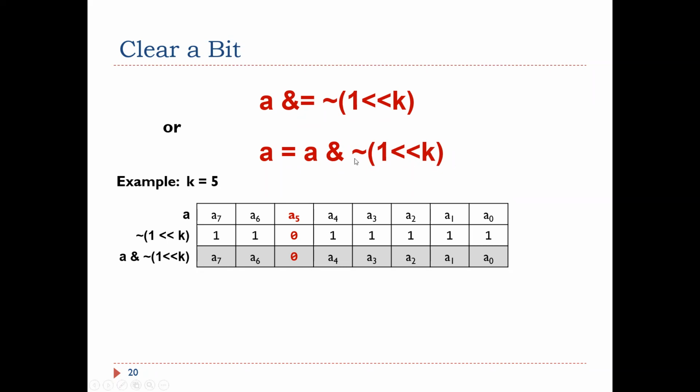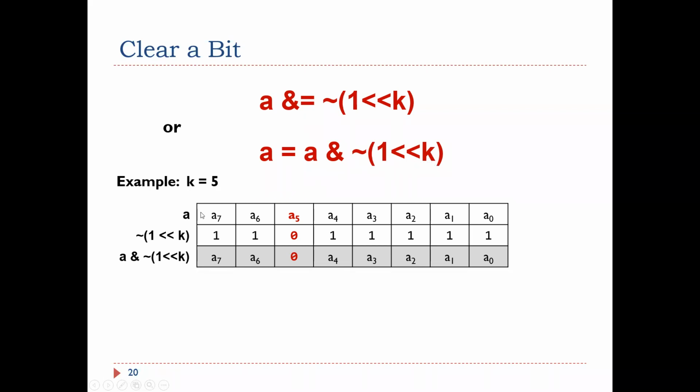You can see that at first we have to do this filter, which is the same as in the last two cases: one left shift by k number of times, where k is the number of the bit that you would like to clear. But we have to do a NOT operation, and then we do an AND operation with A.